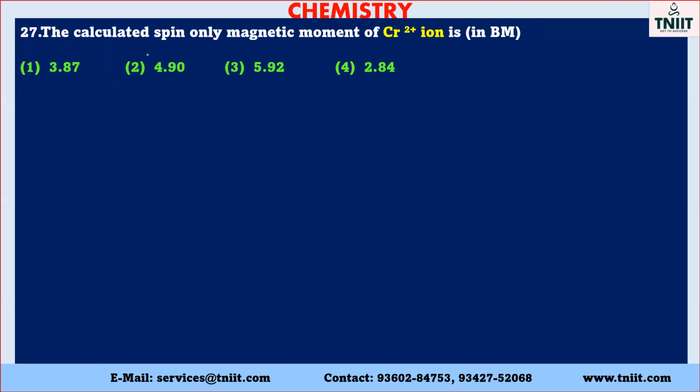Calculate the spin-only magnetic moment of the chromium 3+ ion in Bohr magneton. The magnetic moment is given by mu equals square root of n into n+2. Chromium atomic number is 24. The electronic configuration is argon configuration 4s1 and 3d5. If we take chromium 2+, one electron from here and one from here will be removed. So it will be argon configuration and 3d4.